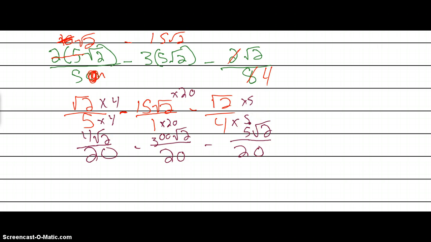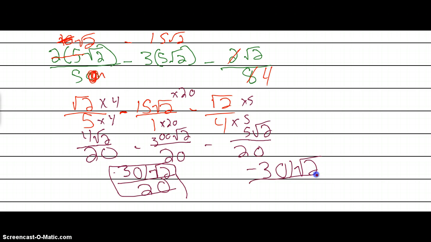Minus 5 is negative 301. So we have negative 301 square root of 2 divided by 20. That will be your final answer. Negative 301 square root of 2 divided by 20.